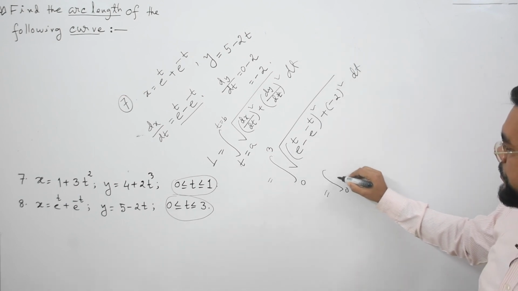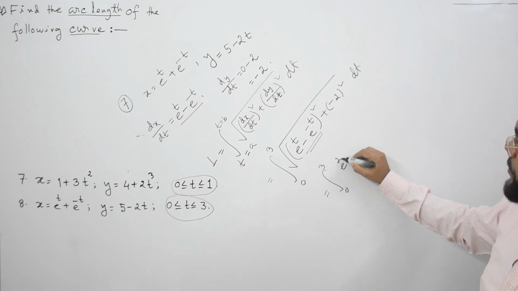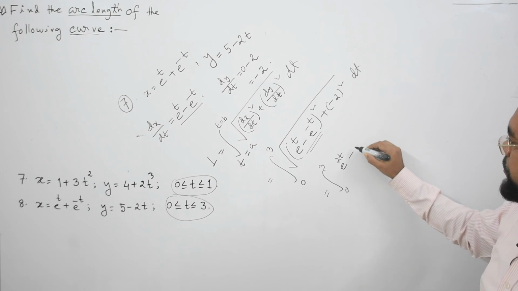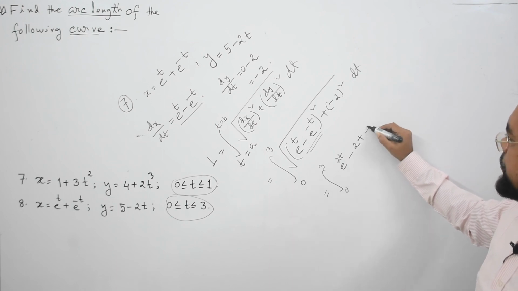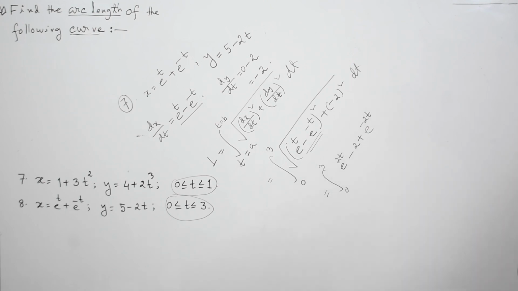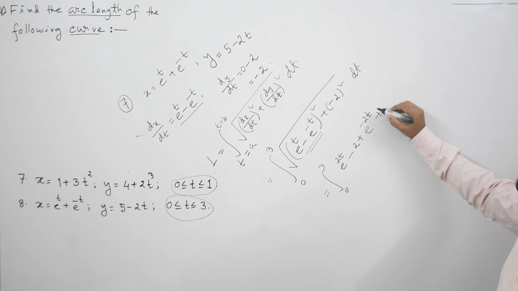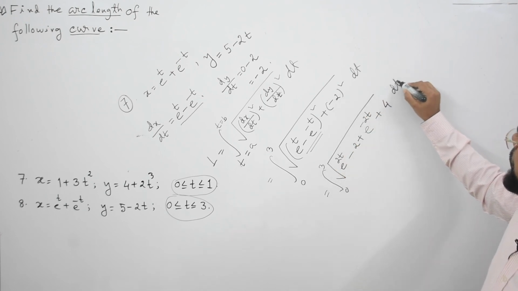This equals the integral from 0 to 3 of the square root of e^(2t) minus 2 plus e^(-2t), plus (minus 2) square, which is 4, dt.